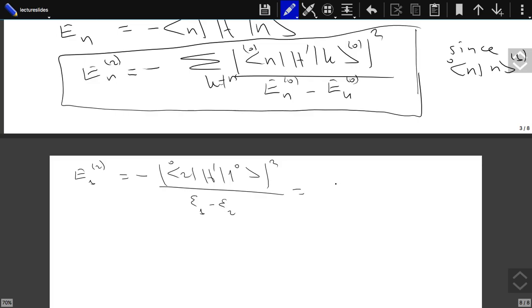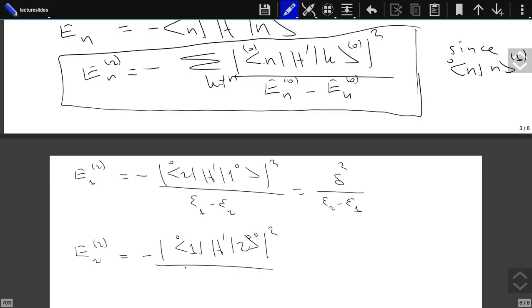This is equal to delta squared over epsilon 1 minus epsilon 2. And the second correction to the energy of the second state is the matrix element of 1^(0), H prime, 2^(0) squared, divided by epsilon 2 minus epsilon 1. This is minus delta squared over epsilon 1 minus epsilon 2.